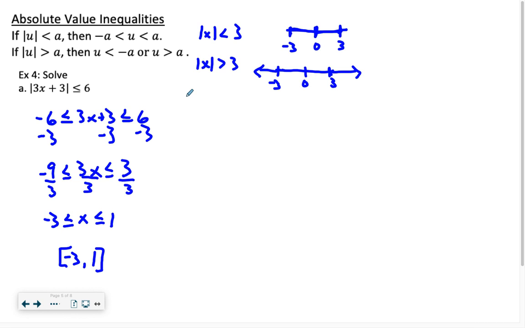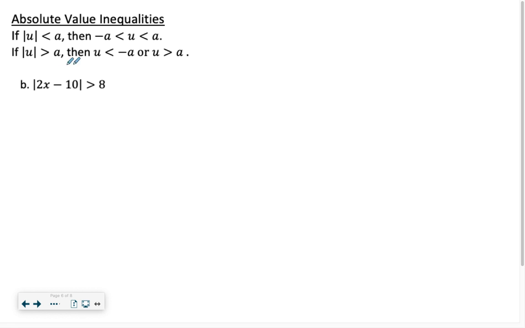Okay. Now, the next example is the second situation here. We're saying the absolute value has to be greater than some number. So I want to set up two separate inequalities here. I want to say 2x minus 10 has to be less than the opposite of this, and also 2x minus 10 has to be greater than 8.